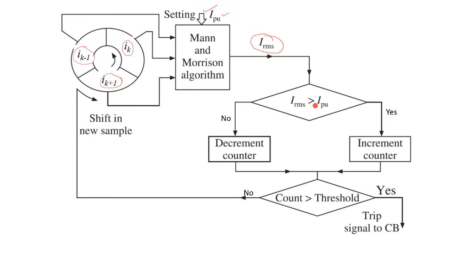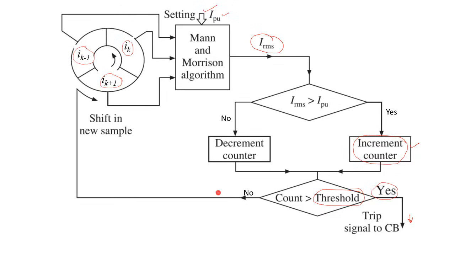If it is greater than I pickup, then the counter is incremented by 1. When the counter is increased, the count value is again compared with the threshold value. When the count value is greater than the threshold value, it will give the trip signal to the circuit breaker.